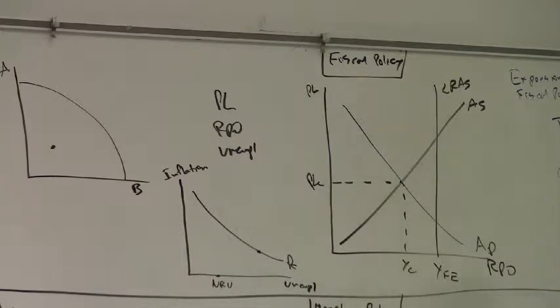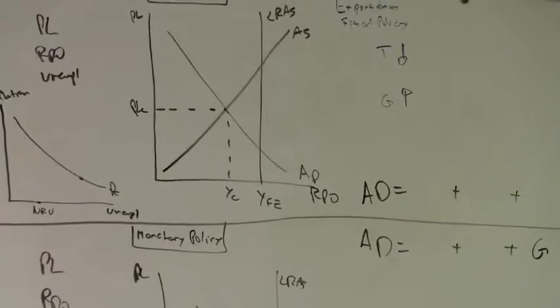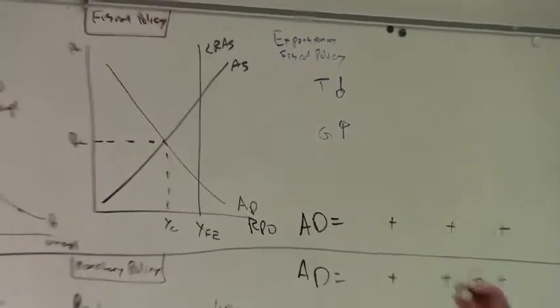Now this is going to affect aggregate demand. So let's write out the formula: aggregate demand equals consumption plus investment plus government spending plus net exports. I'm not writing them in there yet because the original situation is in black. The solutions that affect one of the components will be in blue.